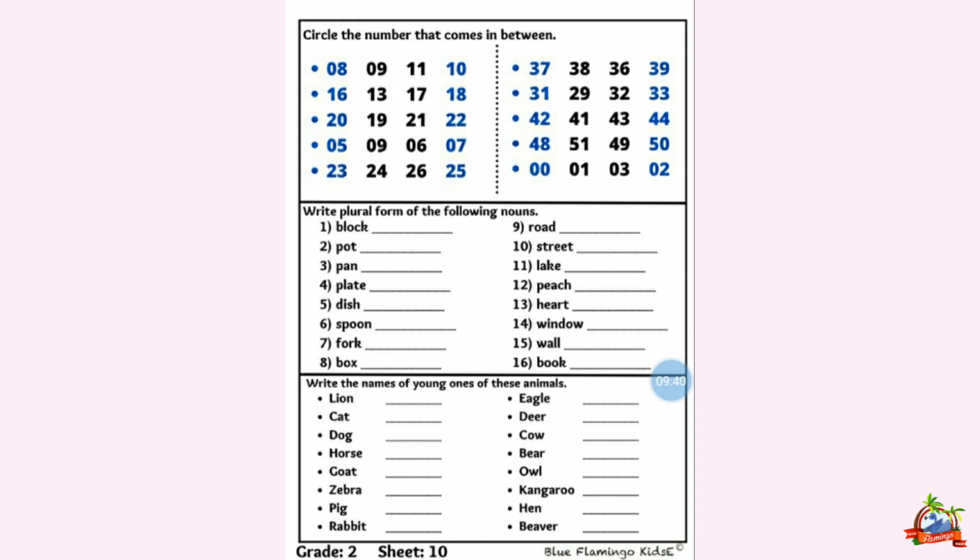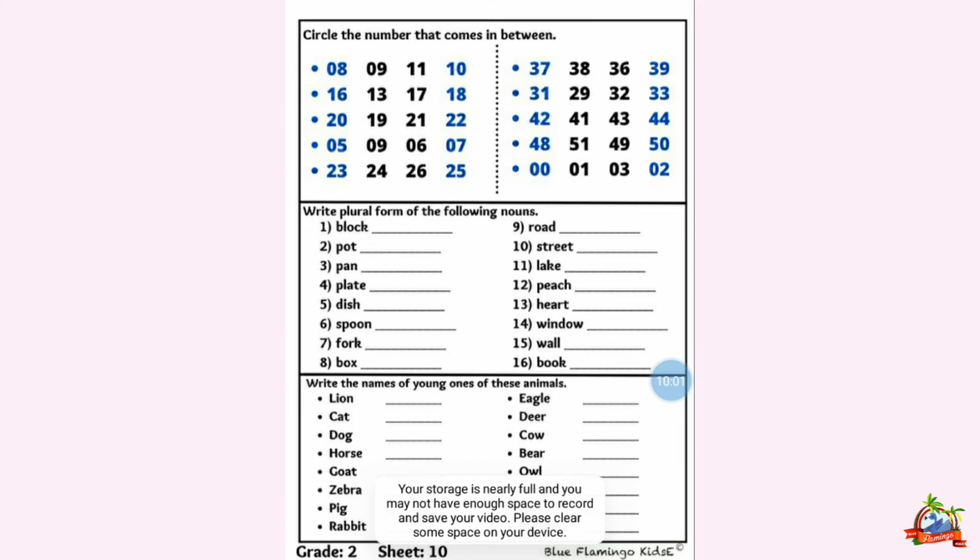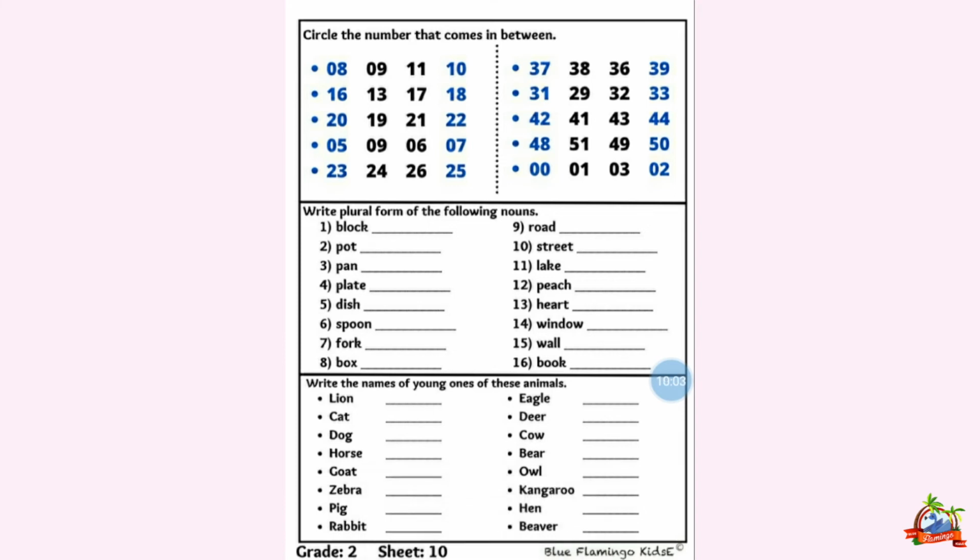It will become pans. P A N S, pans. Plate. P L A T E, plate. The plural form of plate will be plates. P L A T E S. Plates.